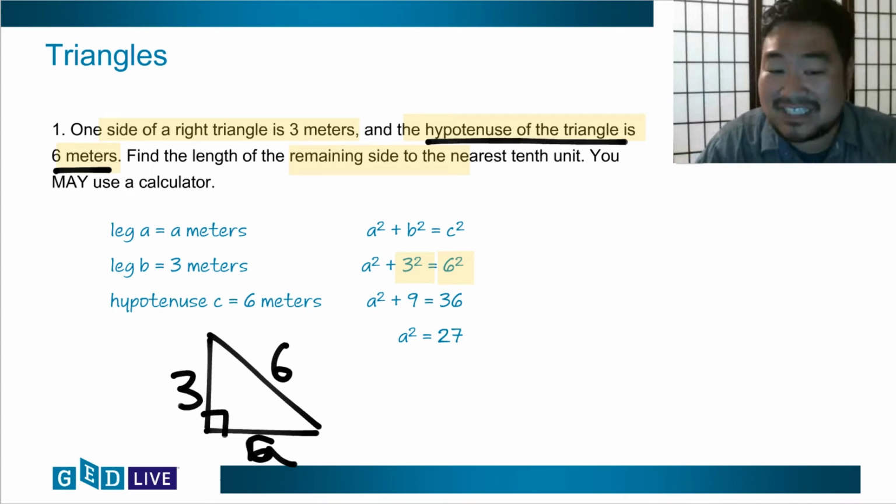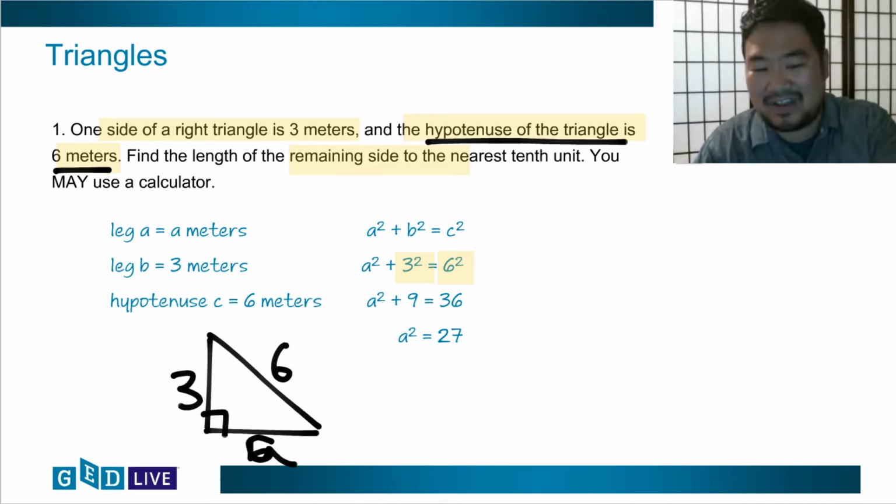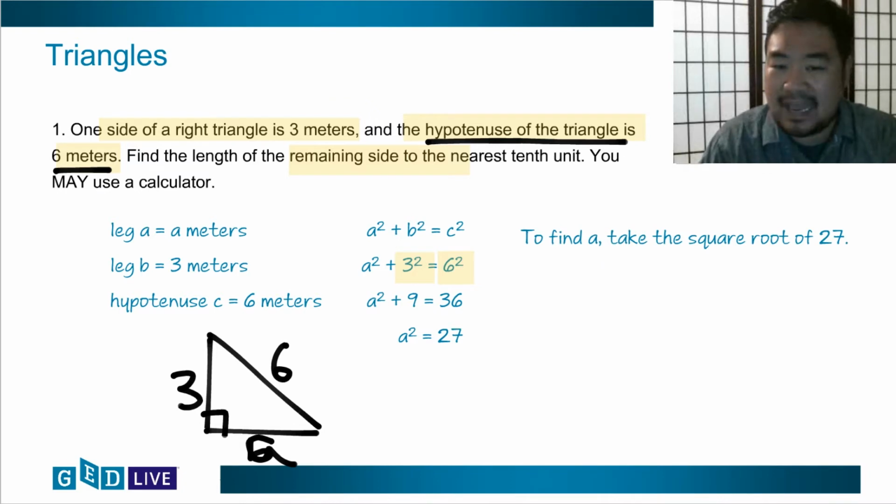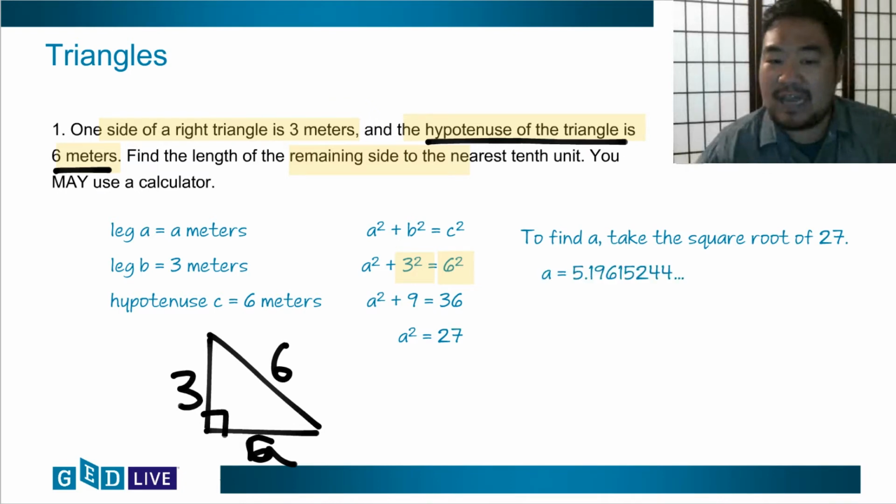We need to find the square root. Again, this is sort of an arithmetic example, right? Find the square root of 27, and you can use your calculator for that. Take the square root of 27, and we've got a is equal to 5.1965244. Even if all those decimals look intimidating, what we notice is the question's asking us for the nearest 10th unit.